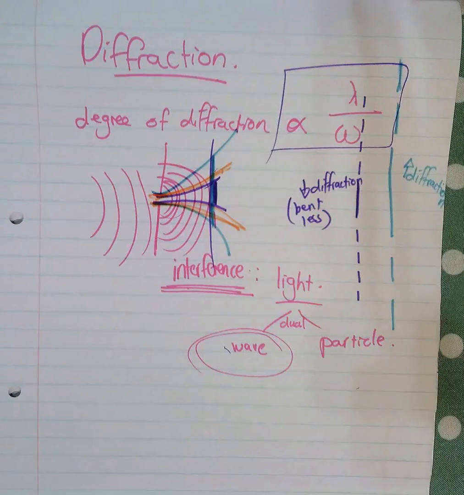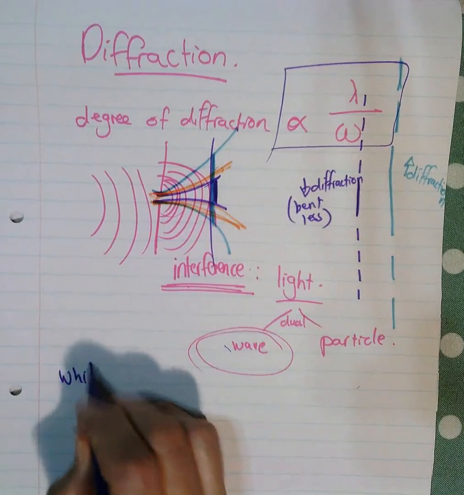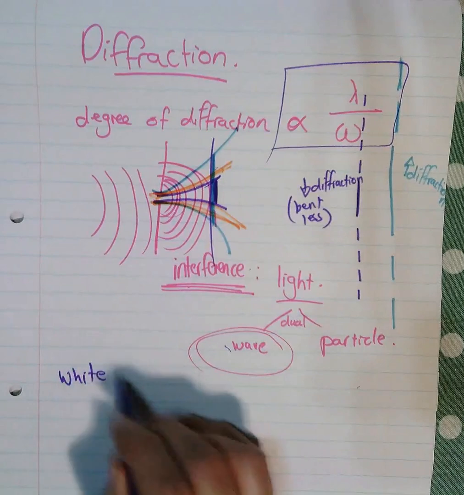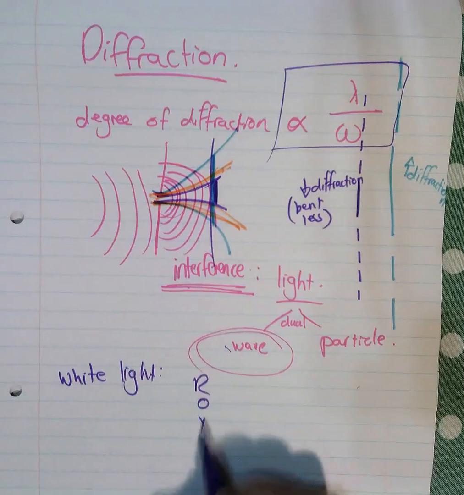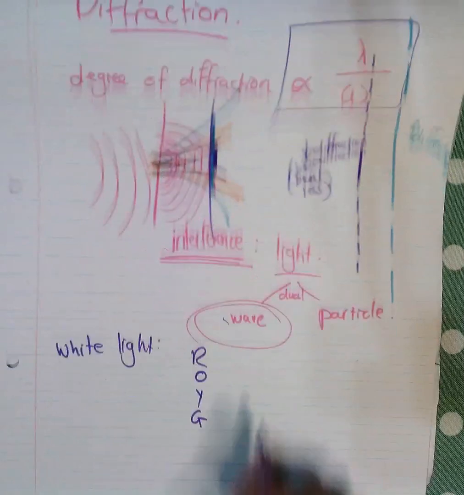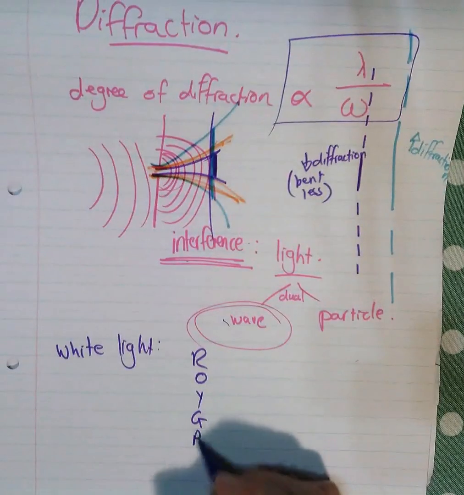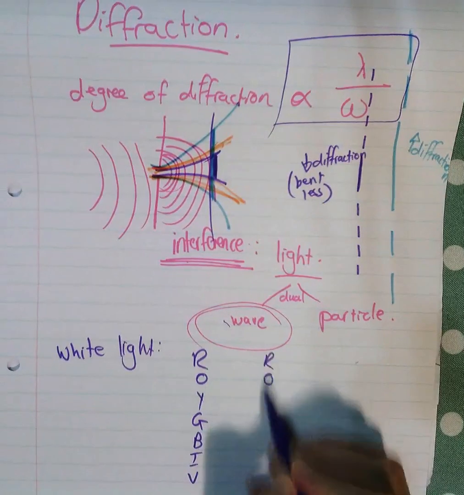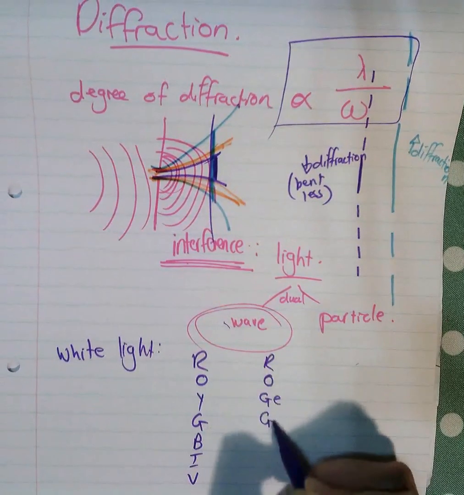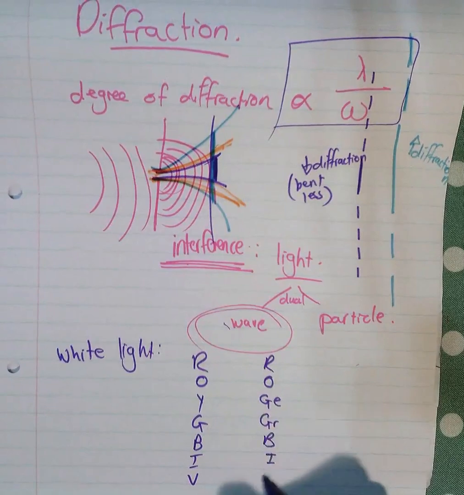Okay, now you have to remember that if we divide white light into its 7 colors, then we have this: red, orange, yellow, green, blue, indigo, violet.